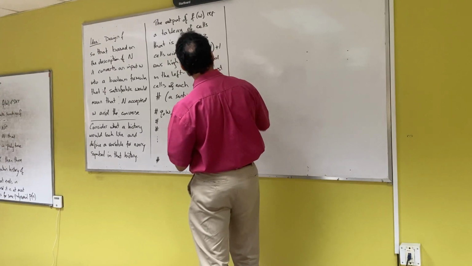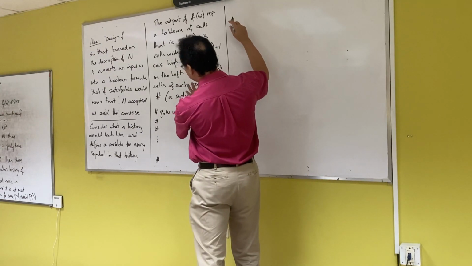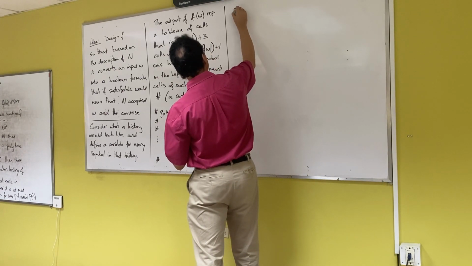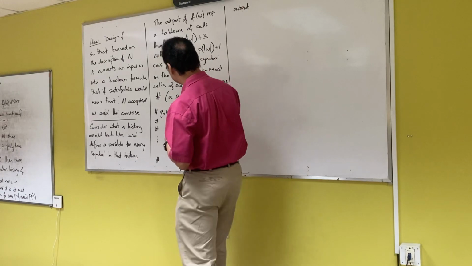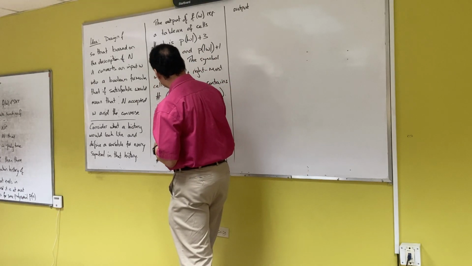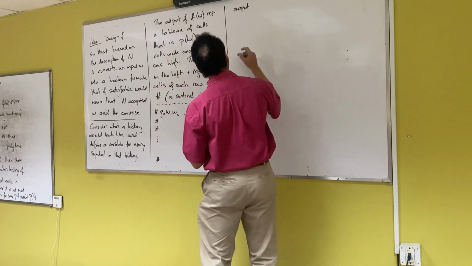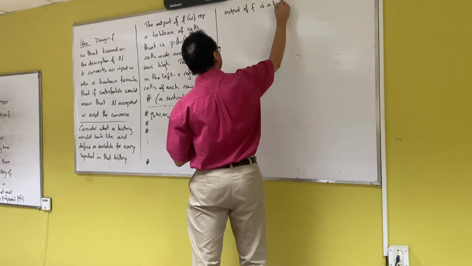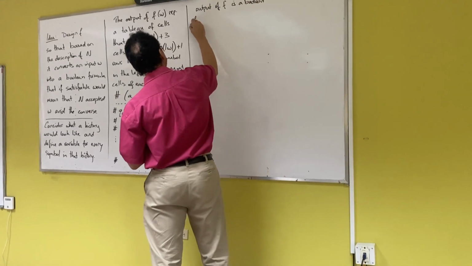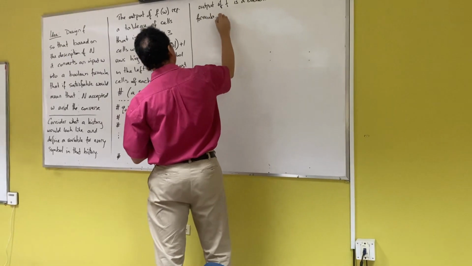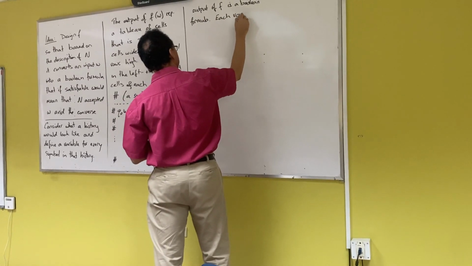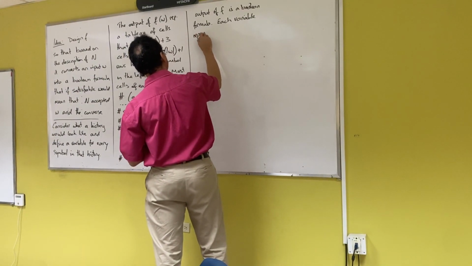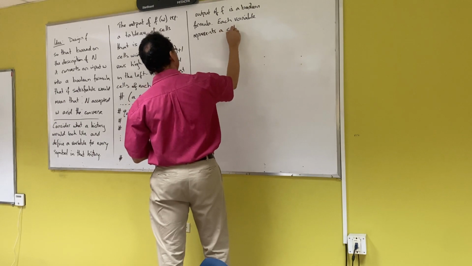So the output of F is actually a Boolean formula that will capture this idea. So this was an illustration of what we're trying to test for. So the output of F is a Boolean formula. Each variable represents a cell.